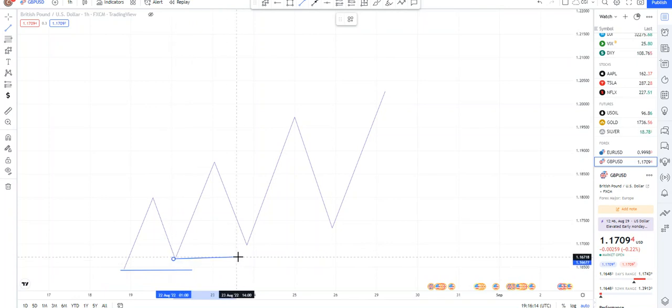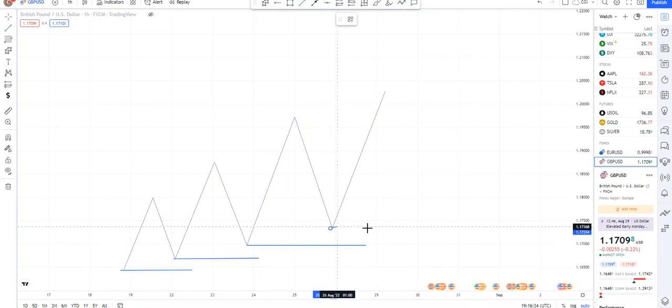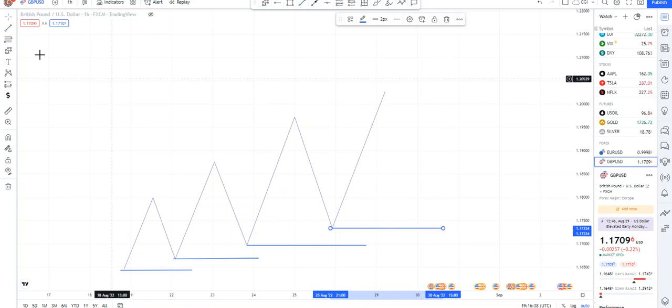So all these are major liquidity. And if any of this major liquidity gets taken out, that is our cue, our sign that this trend is no longer effective.